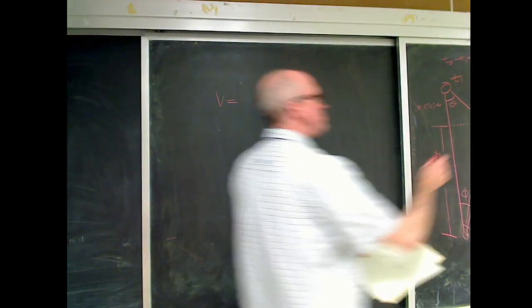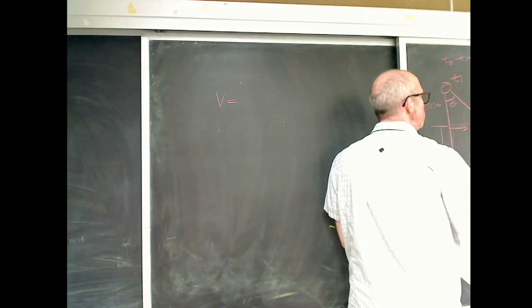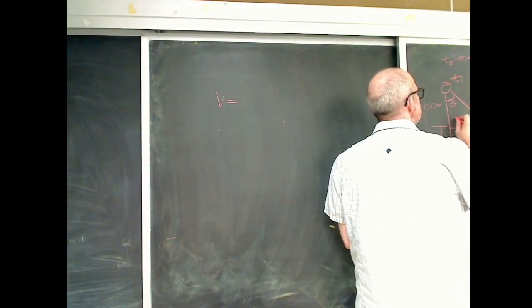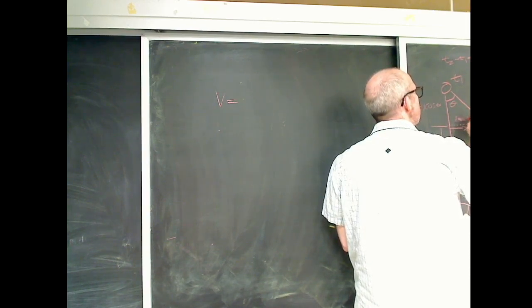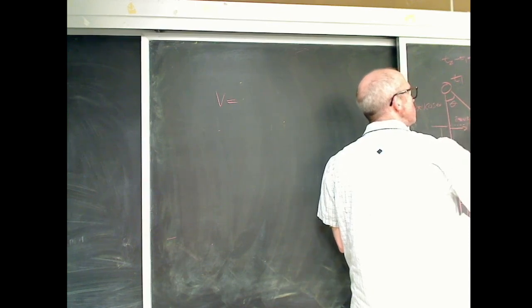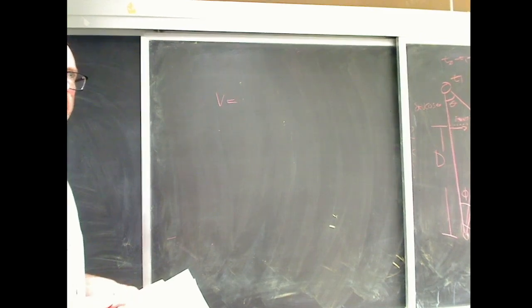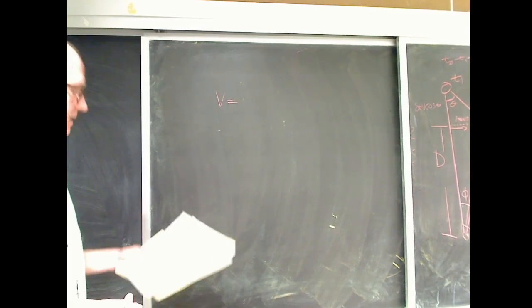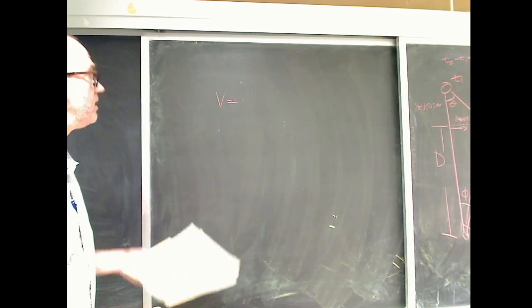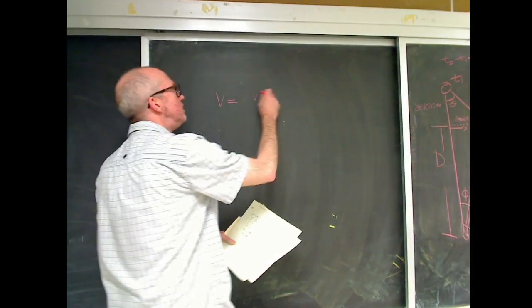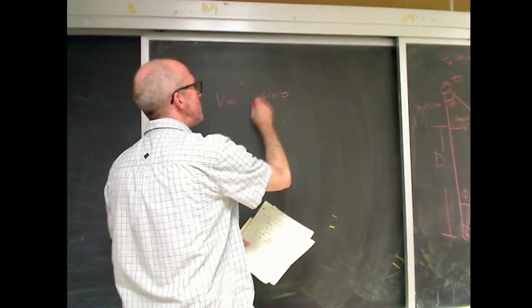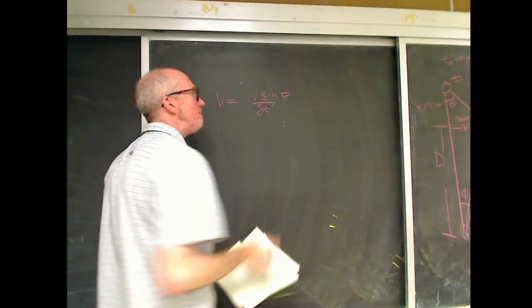Okay, so the velocity in this direction is delta t times v sine theta. That's in this direction. But what do I experience? I don't measure that. I measure v sine theta over delta t prime.